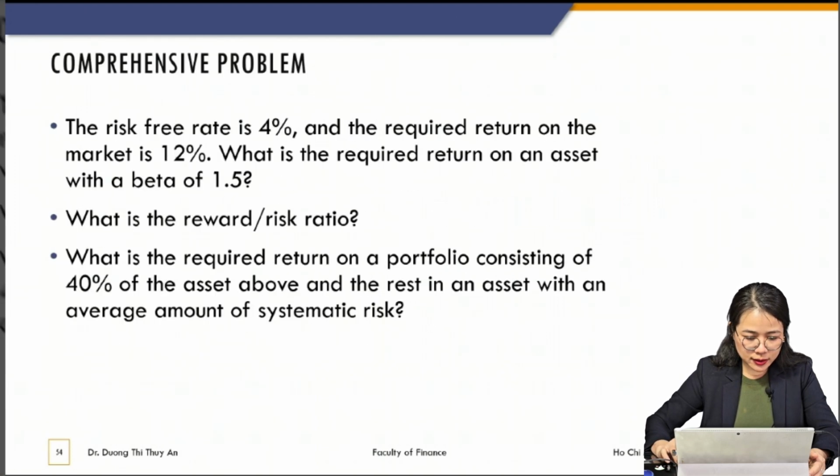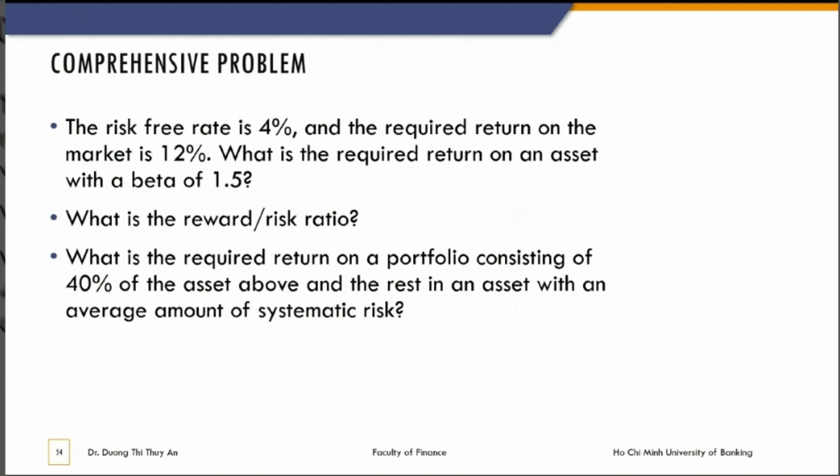For example, the comprehensive problem: the risk-free rate is 4%, and the required return on the market, so this is Rf, and the required return on the market is expected Rm. Remember, the market risk premium is the difference between the return on the market and the risk-free rate.